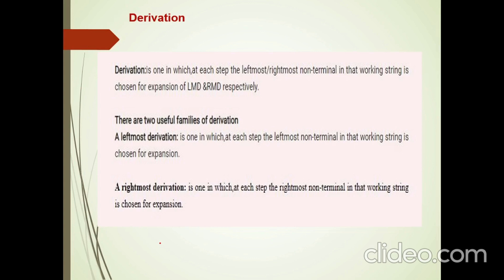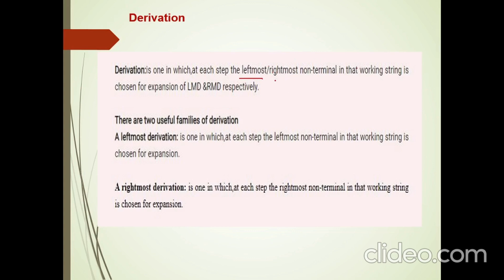LMD is nothing but a leftmost derivation, RMD is nothing but a rightmost derivation. When you call it a leftmost derivation, it means that at every step you choose the leftmost non-terminal.